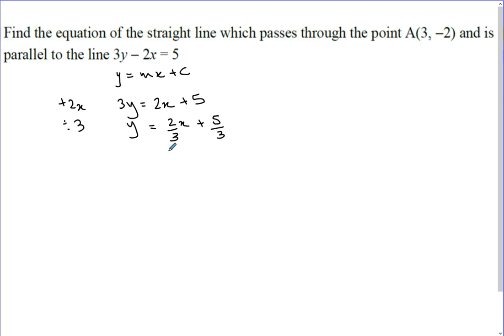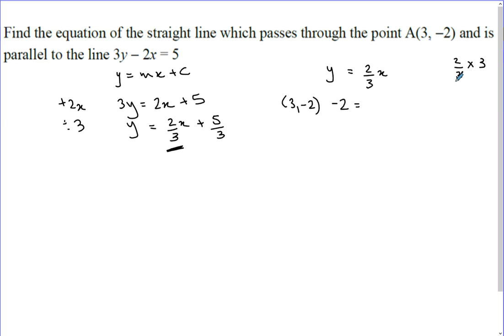And again, we don't need anything to do with the c. We just need the gradient. So we know it's going to be y = 2/3 x. Passes through the point (3, -2). So again, we're going to substitute. So -2 =, and then 2/3 of 3.